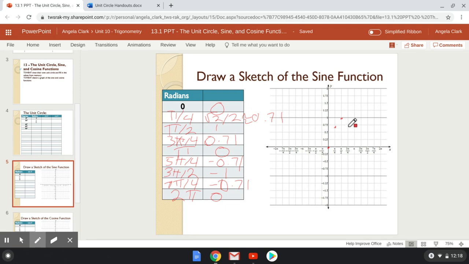Back to 0.71, so same height as the last one, back to 0, down to negative 0.71, down to negative 1, back up to negative 0.71, and then back up to 0.